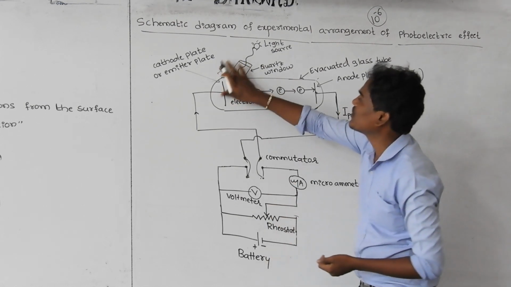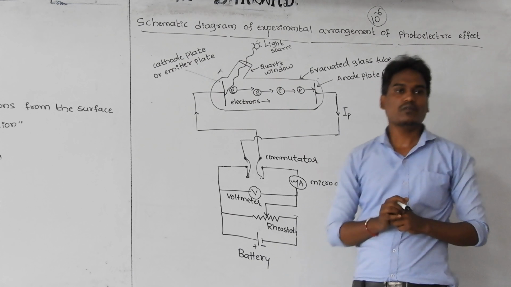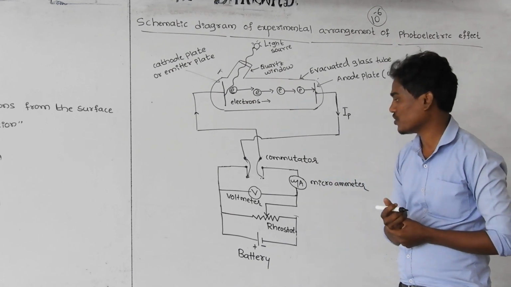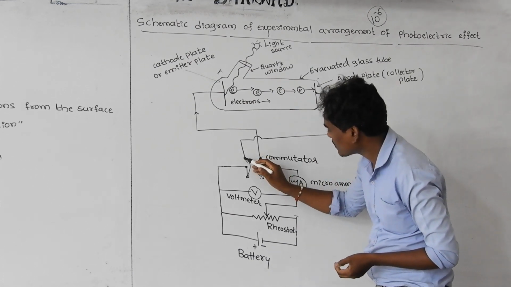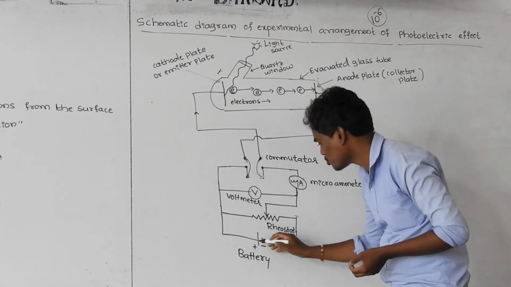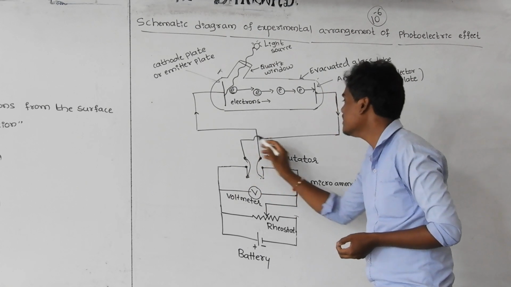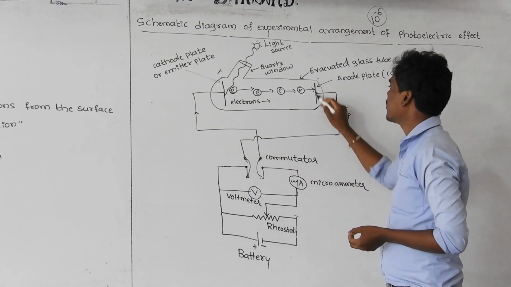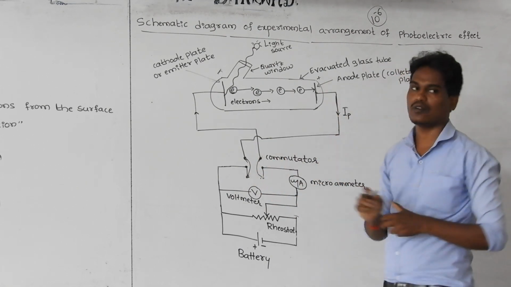Then what is the potential of this plate? It becomes negative. And here I connect this switch to the battery positive, which means the potential of the anode plate becomes positive.